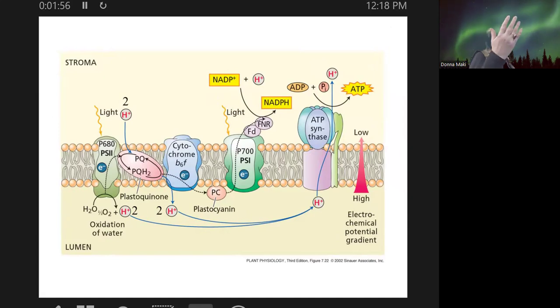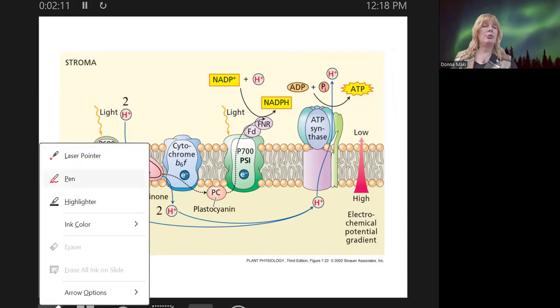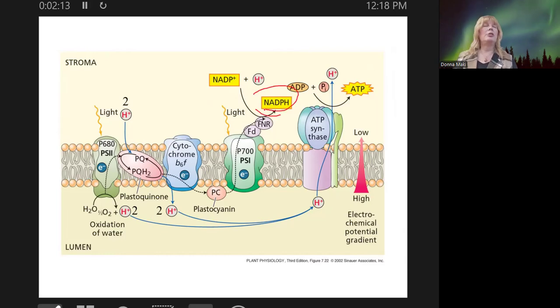In this case, it's set up so that NADP plus is the endpoint. That's the final electron acceptor, which works out really well because if NADP plus accepts those electrons, it gets reduced to NADPH, which is also very important for the plant so that they can do part 2 of photosynthesis.